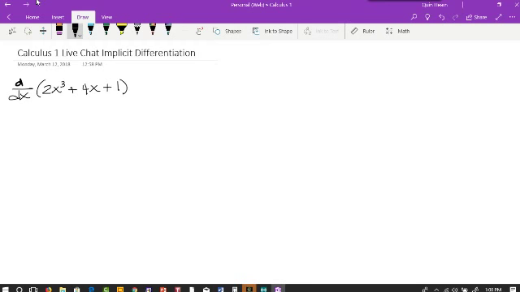Okay, and we learned the power rule, and we learned how to take derivatives of x being multiplied by a coefficient. But what we kind of gloss over, maybe, is that this variable x that we're taking the derivative with respect to is the same variable here and here.